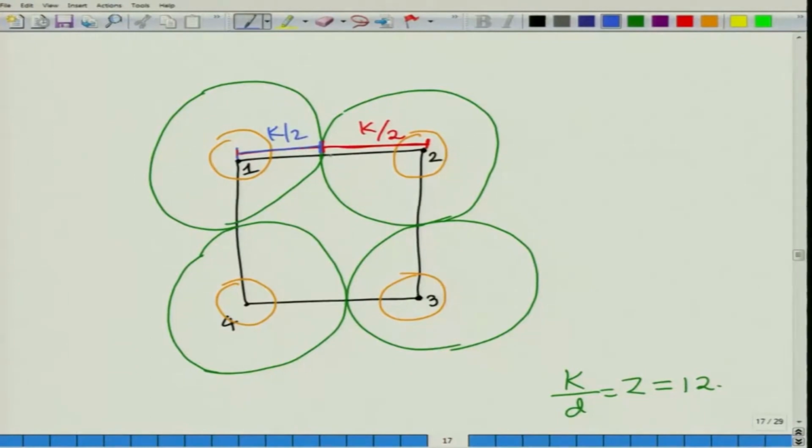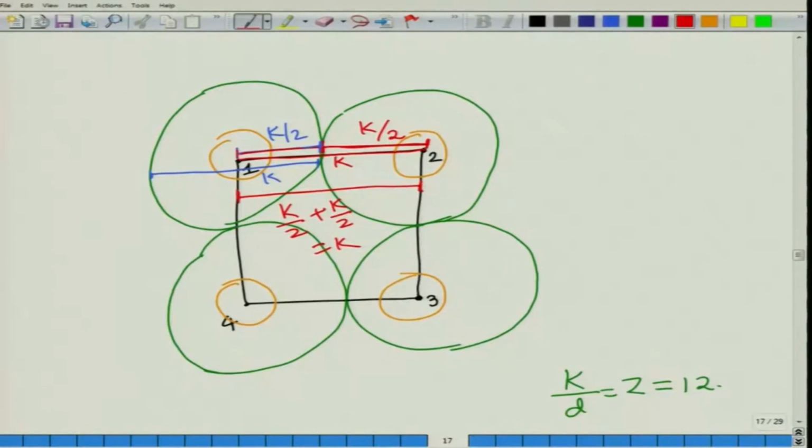Because this is a crown, this portion will be k. So, half of it is k by 2, here also we have k by 2. So, what is the side of the square? The side of the square will be k by 2 plus k by 2 is equal to k. So, this side is of a length k.